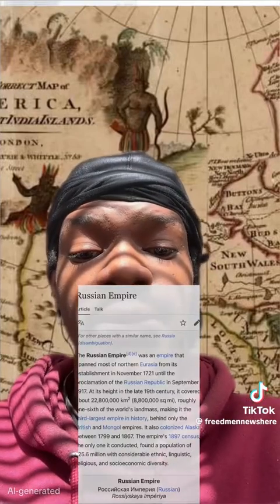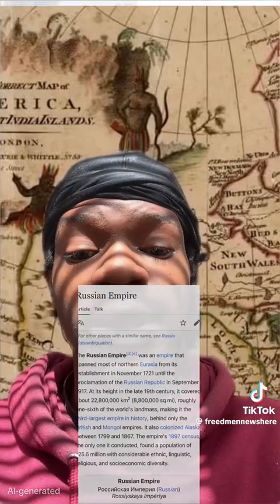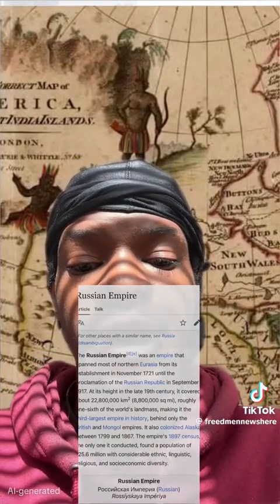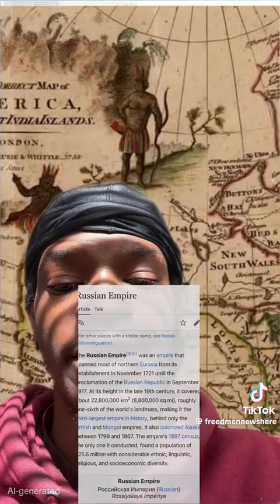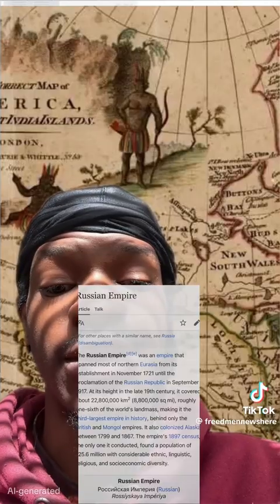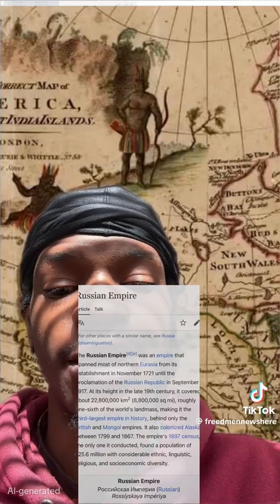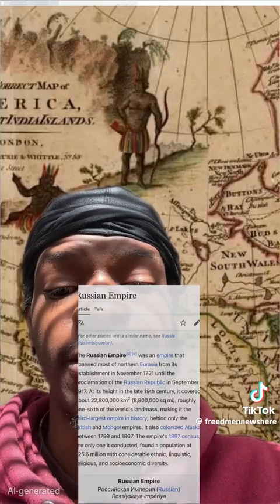Breaking down, part of the Russian New World Empire was an empire that spanned most of northern Germany from its establishment in November 1721 until the proclamation of the Russian Republic in September 1917.